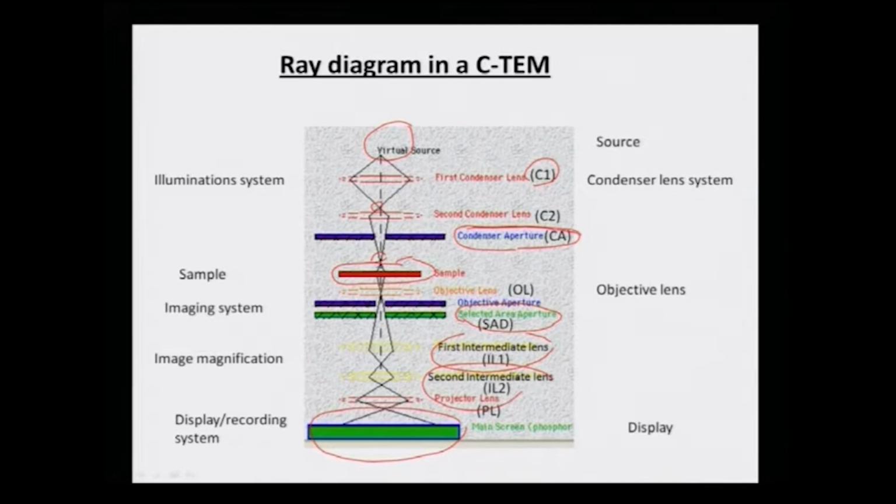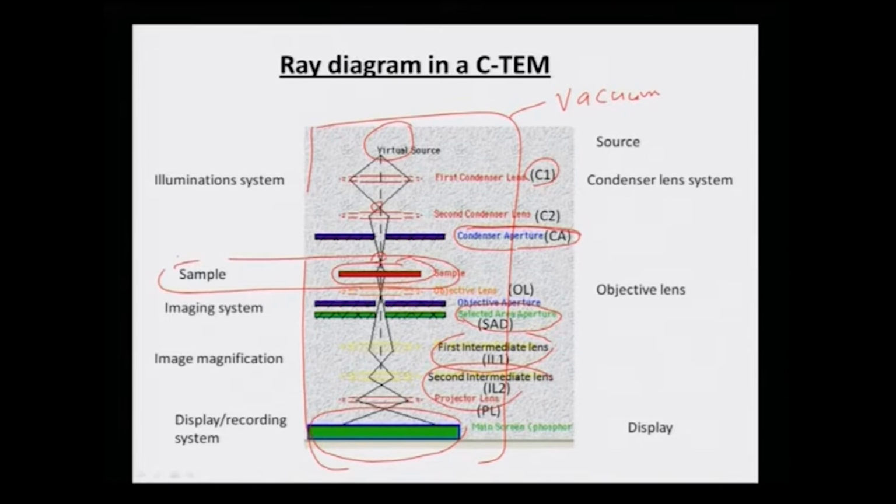The whole thing has to be under vacuum because electrons cannot travel in air. That is why we need a very high vacuum system to have a very good microscope, and the samples obviously have to be thin enough so that electrons can pass through and be diffracted.